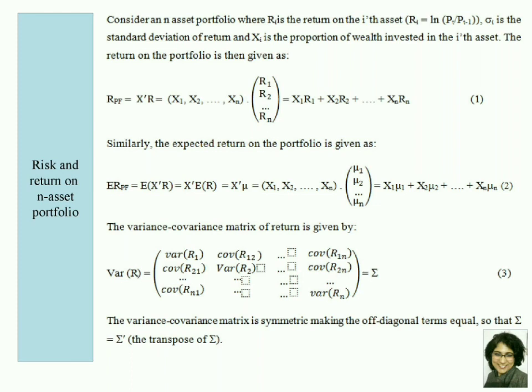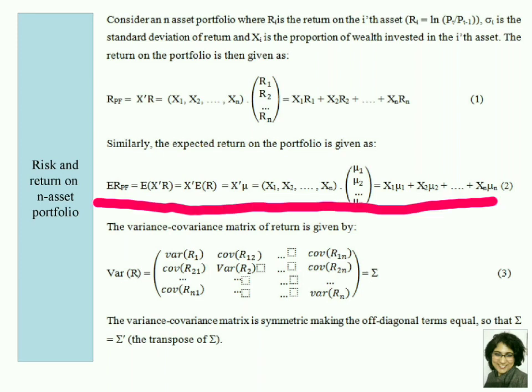So for the n asset case, it is x1 r1 plus x2 r2 plus etc. plus up to xn rn. Similarly, we can find out the expected return on the portfolio following equation 2. So it turns out to be x1 mu1 plus x2 mu2 plus etc. plus xn mu n.